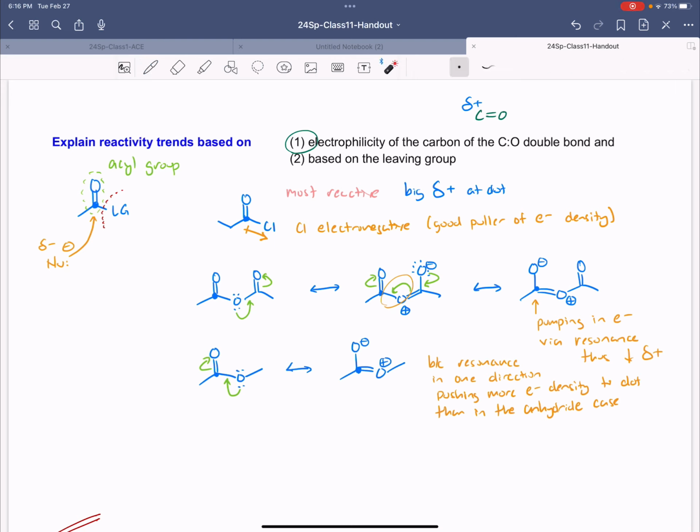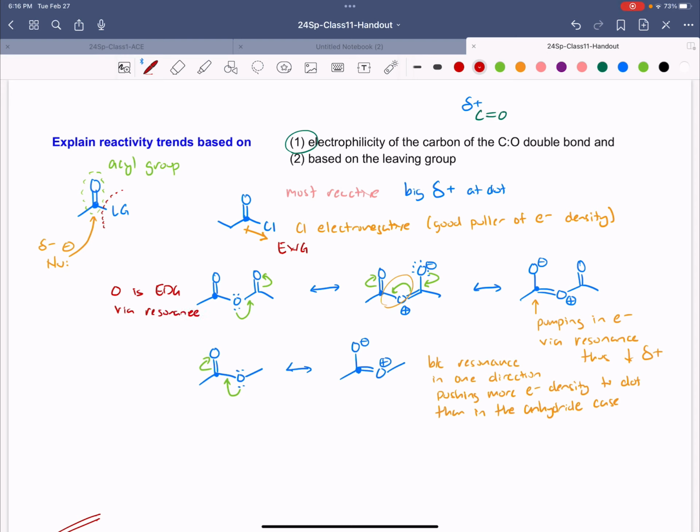If you're keeping up, another thing that we could say is that chlorine is electron withdrawing, where in these two situations, the oxygen is electron donating via resonance. So I think I'm going to write that actually. This chlorine is an electron withdrawing group, and in these cases, the O is electron donating via resonance.